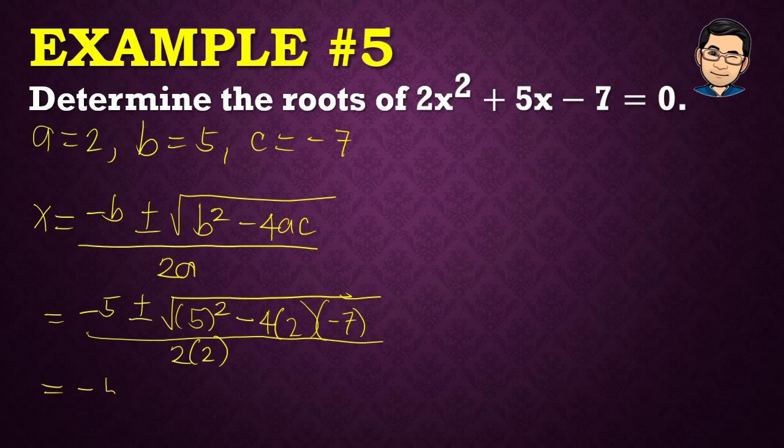Next, negative 5 plus minus 5 squared, that is 25. Negative 4 times 2, that is negative 8. Times negative 7, that is positive 56. Then, all over 4.